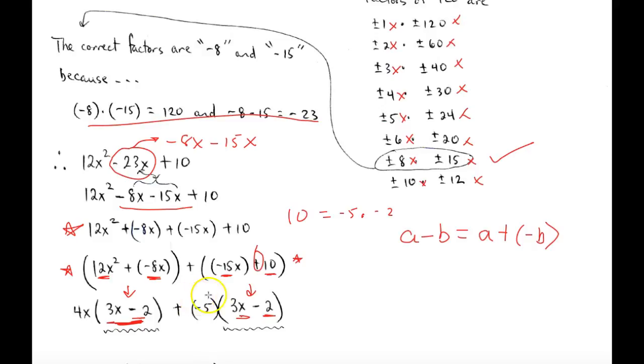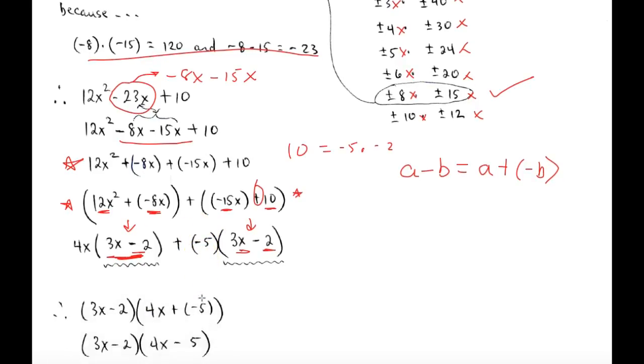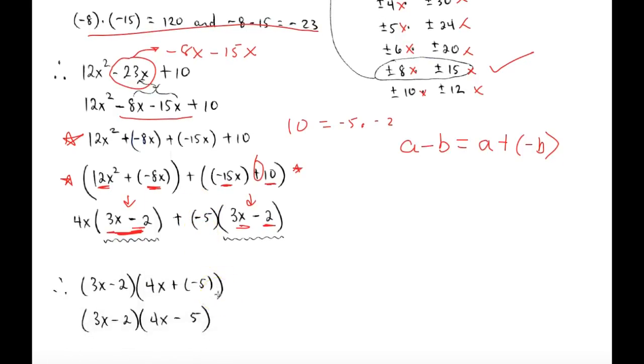So you see, we essentially get the same thing. So from that, when we factor out everything, we see that we have the 3x minus 2. 3x minus 2 is the same.